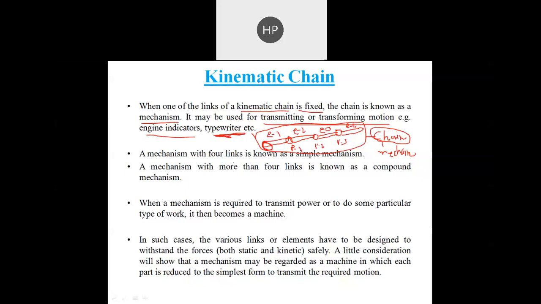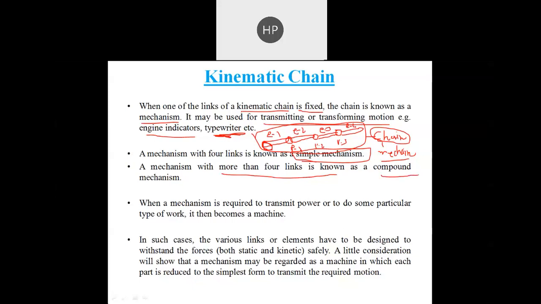A mechanism with four links is known as a simple mechanism. Now we are talking about mechanisms. When we have only four links, it is considered a simple mechanism. And if the mechanism has more than four links, then it is termed a compound mechanism.